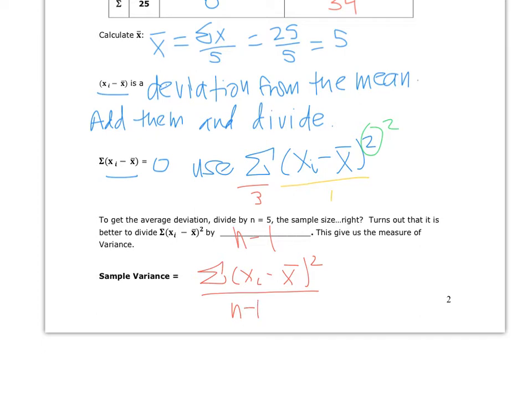That is sample variance. For the example, we found that numerator value, 34, and we're going to divide by n minus 1, or by 4. So that gives us a sample variance of 8.5, rounding to 1 decimal place.